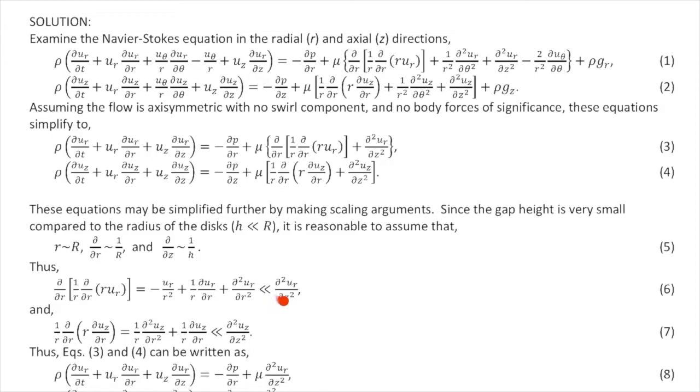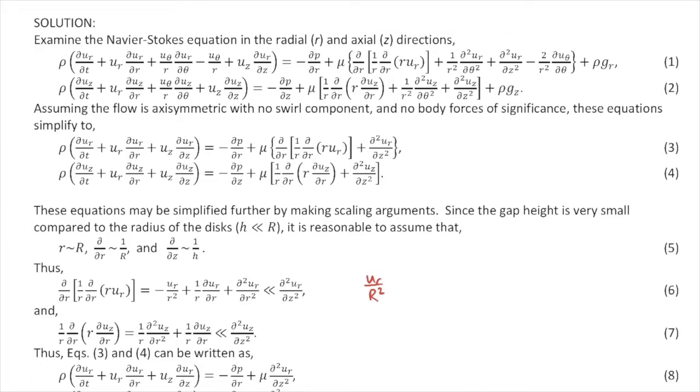This term, the d squared u r dz squared, that's the second viscous term, will scale like u r over h squared, because d over dz scales like 1 over h. So if you look at that for a moment, the left-hand side will be like u over R squared, whereas the right-hand side would be like u over h squared. And so you'll see that this term will really dominate. Again, let me highlight it.